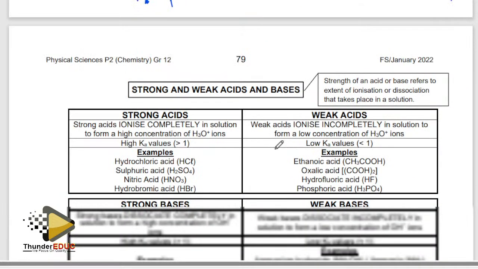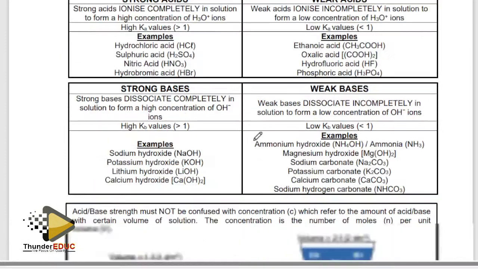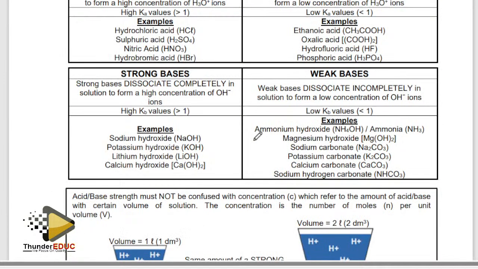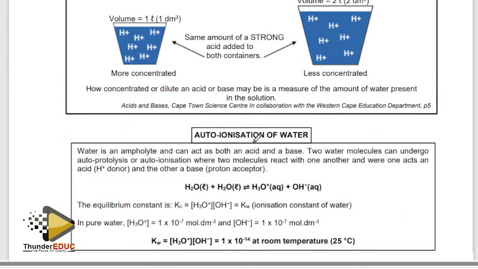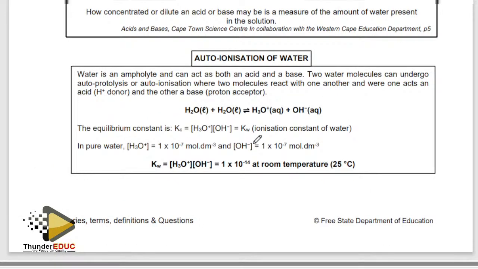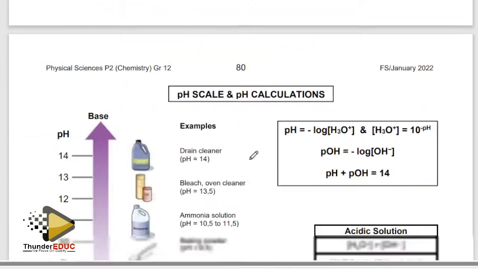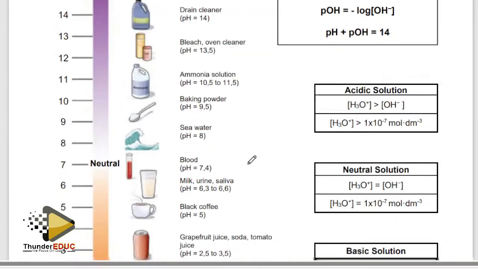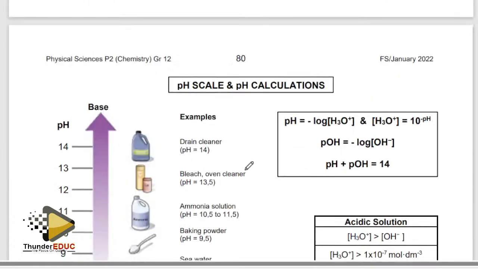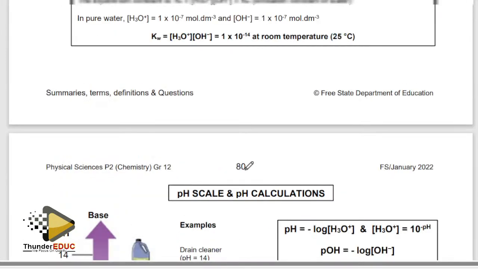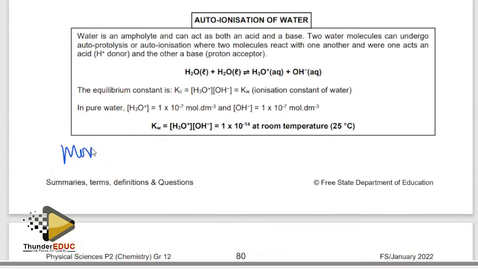Then what is an acid? We have three types of acid: monoprotic, diprotic, and triprotic. A monoprotic acid can produce one hydrogen ion, like nitric acid.